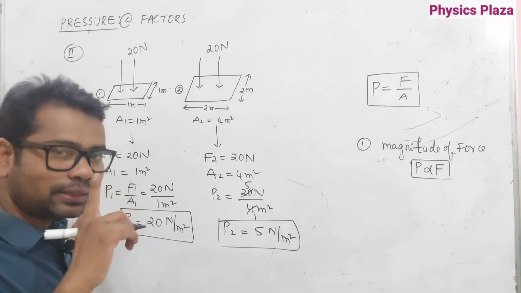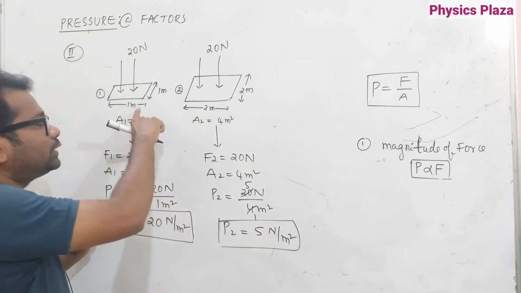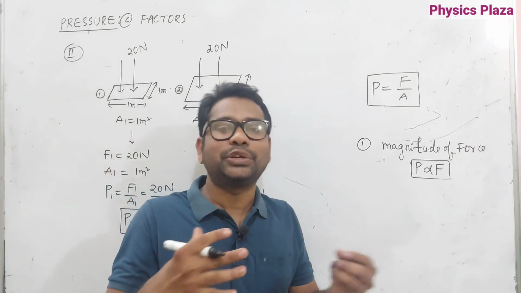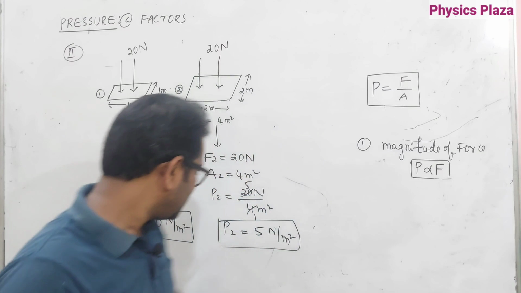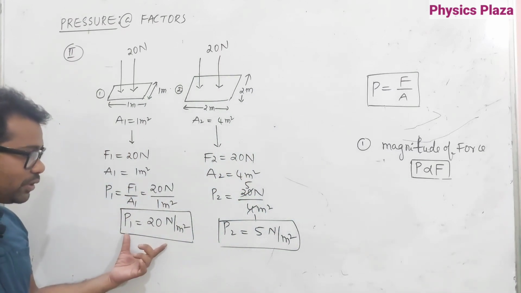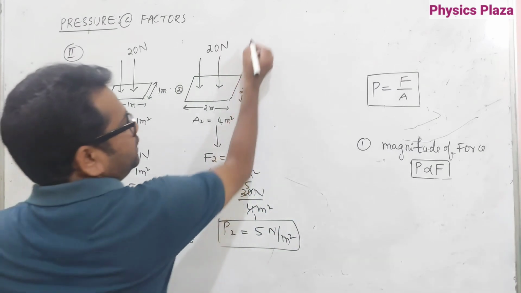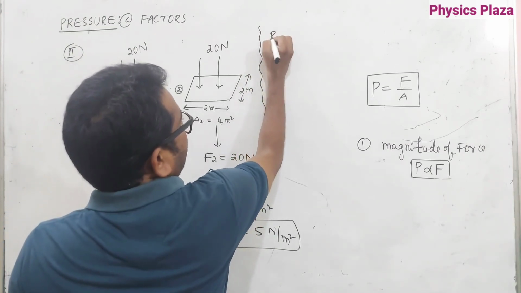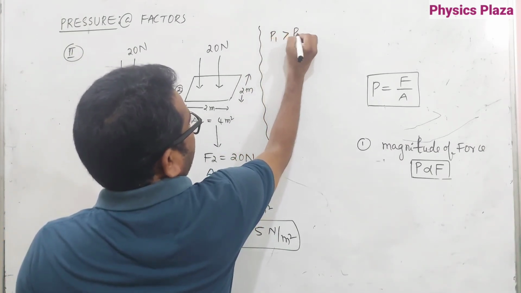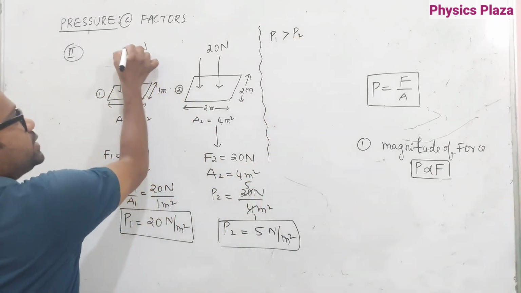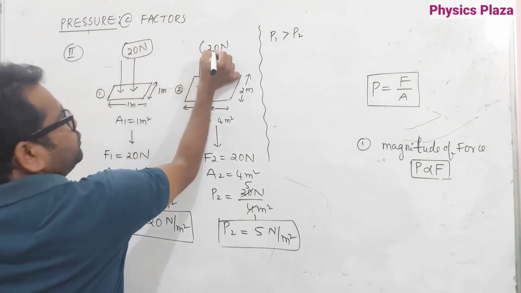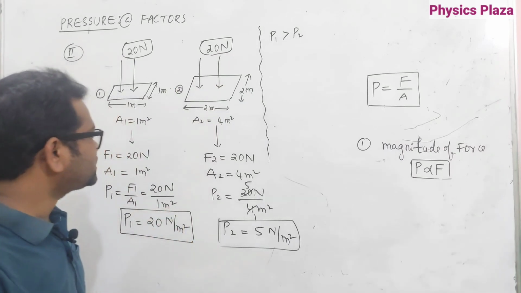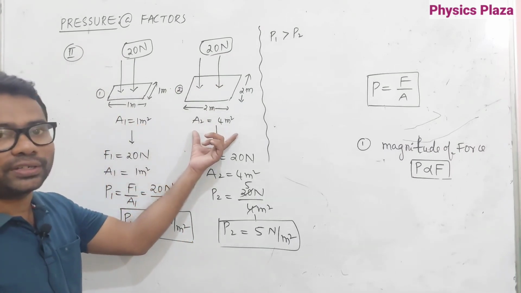The reason is that the area on which the force, that is thrust, is acting is different. So here P1 is greater than P2. Very important. Here force is the same, 20 Newton. What is that factor then? Yes, surface area is different.